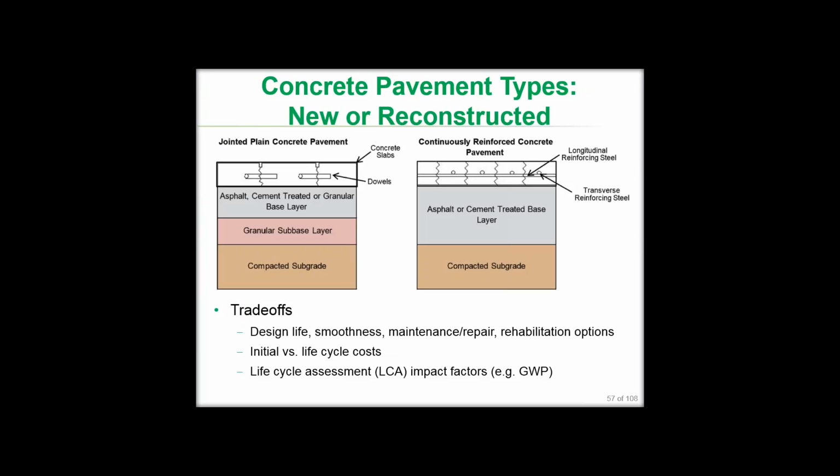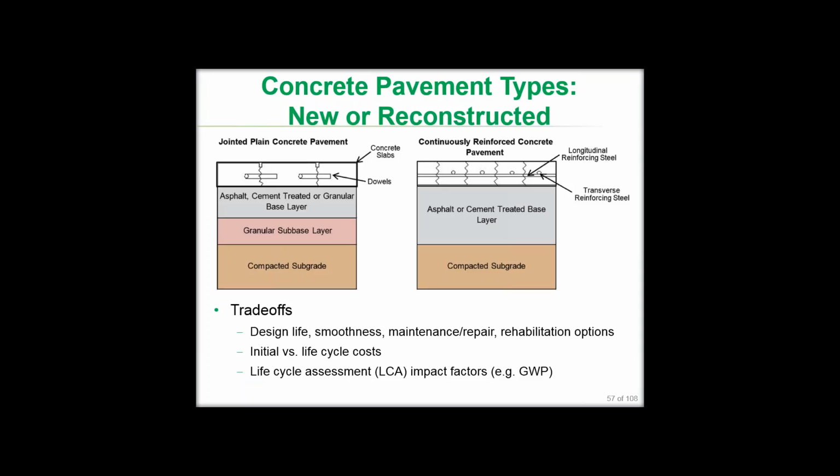So first of all, if the expectation is a new or reconstructed pavement, or rehabilitation, we would potentially use either a jointed plain concrete pavement or a continuously reinforced concrete pavement. And your choice within those two broad categories would be based on some of the agency's objectives and their design lives, what the smoothness expectations are over the life cycle, and that may impact the use phase.